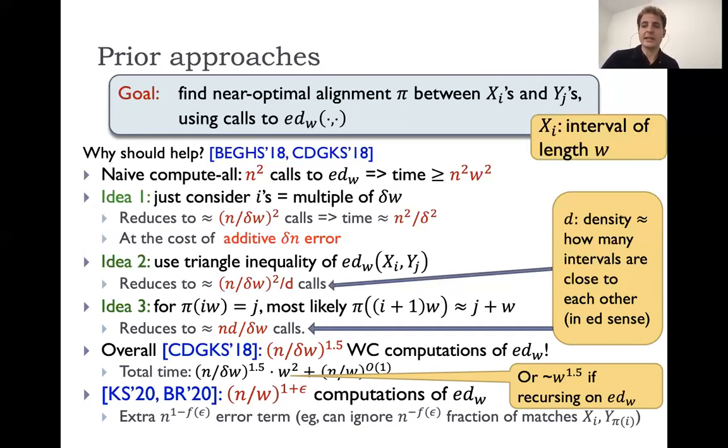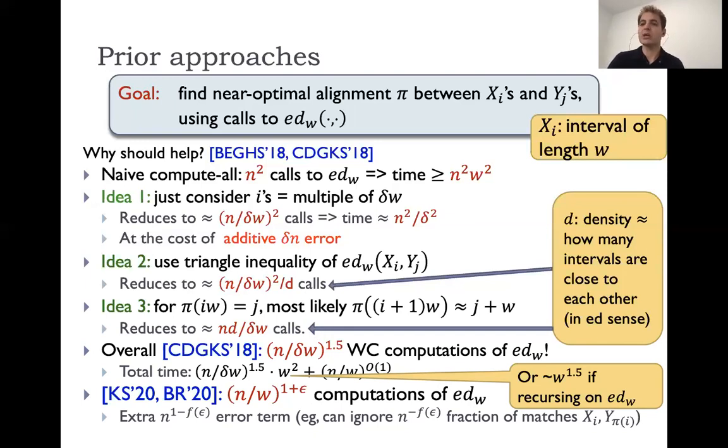And the other problem is, not just idea 1, but some of the standard approaches to solve this problem allow them to ignore some fraction of matches between x_i and y_pi(i), right? So say there is a certain fraction, roughly n to the minus some function of epsilon, then if we miss them, we don't care, right?